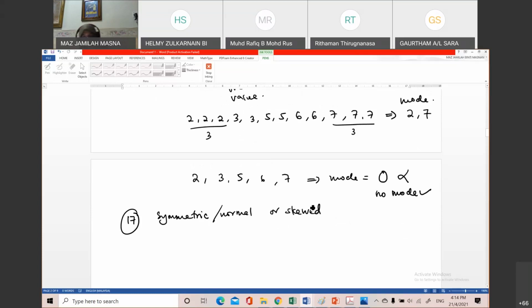Skewed can be either left skewed or right skewed. So we are going to use box plot to determine this. And on top of that, we are going to see how the dispersion can be told from the box plot itself.